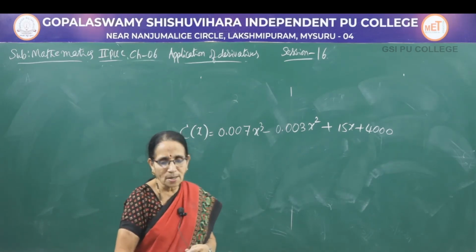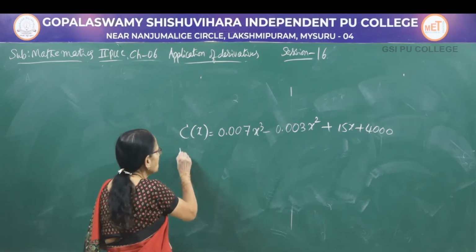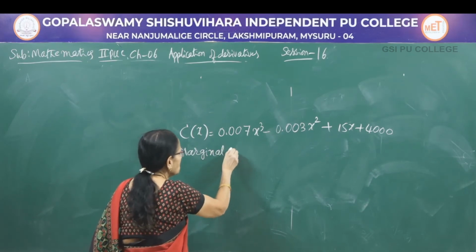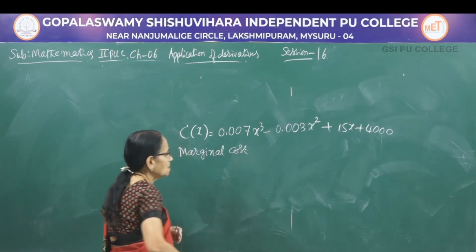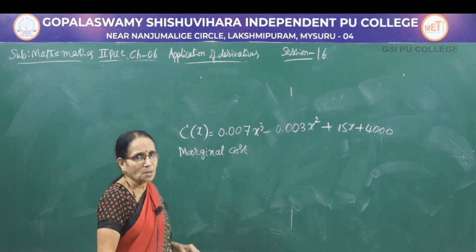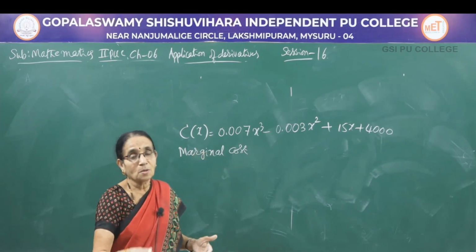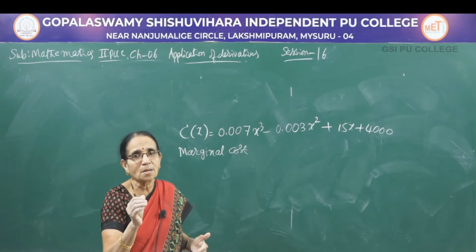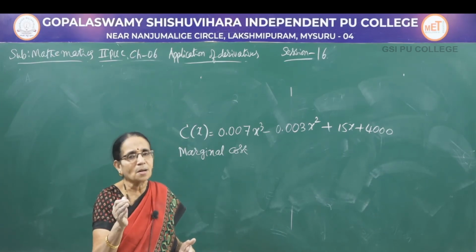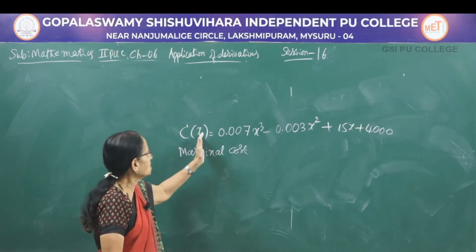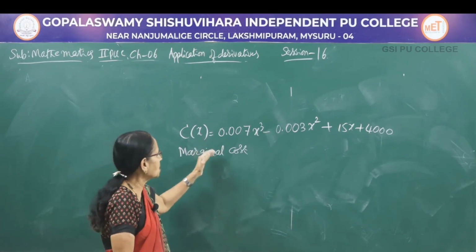So, what has to be calculated here is the marginal cost. Marginal cost: in mathematics, when we increase x by a small quantity delta x, y gets enhanced by delta y, like that we say in pure mathematics, isn't it? Similarly, when x is increased by a small quantity, the cost is increased.